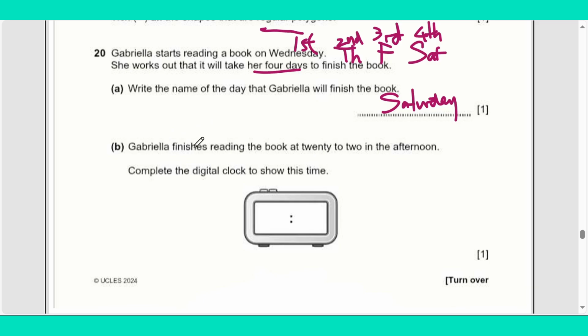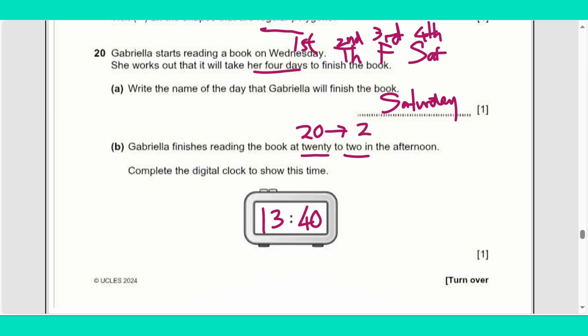B. Gabrielle finishes reading the book at 20 minutes to 2 in the afternoon. Complete the digital clock to show this time. Okay, it will be 13:40, 20 minutes to 2 in the afternoon.